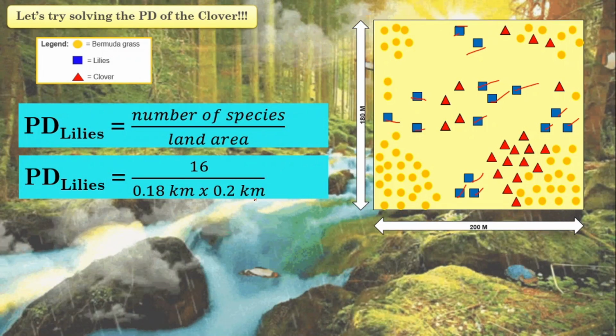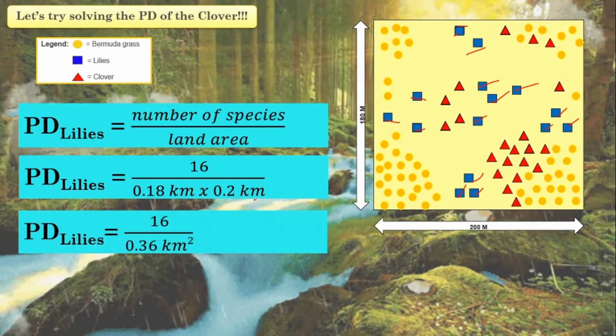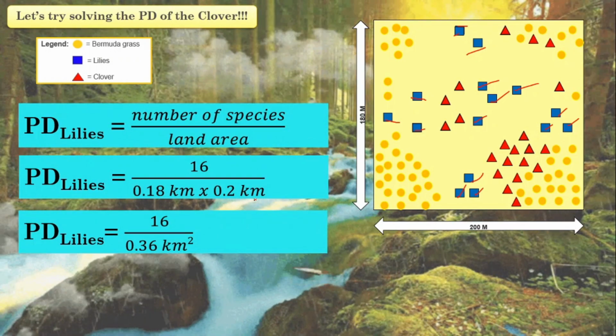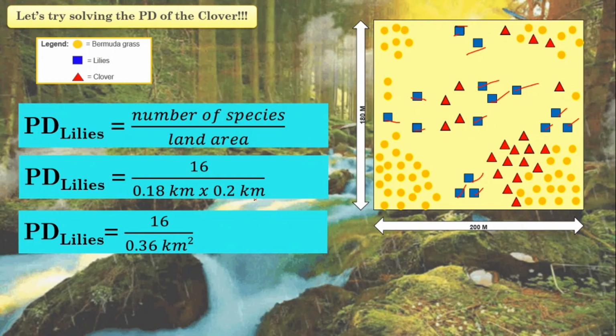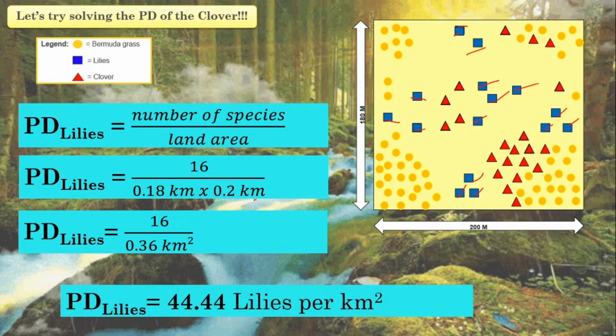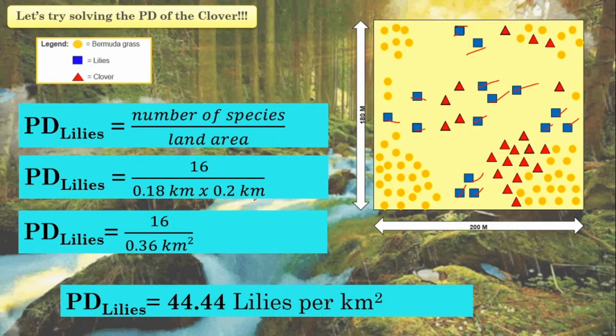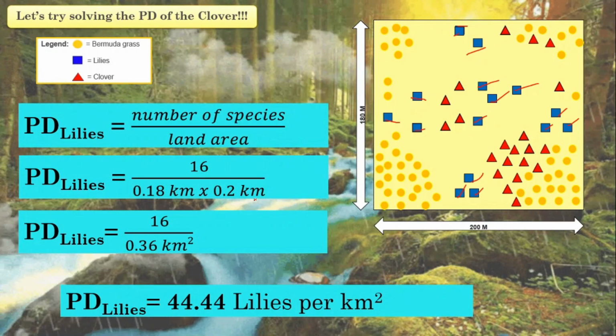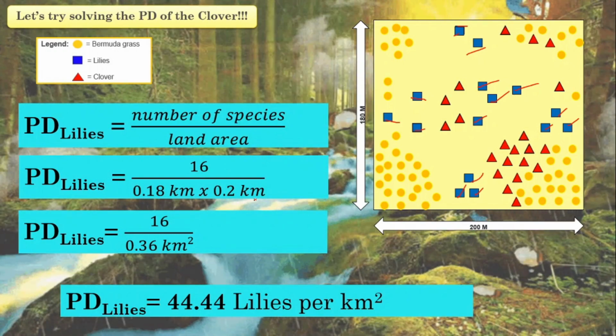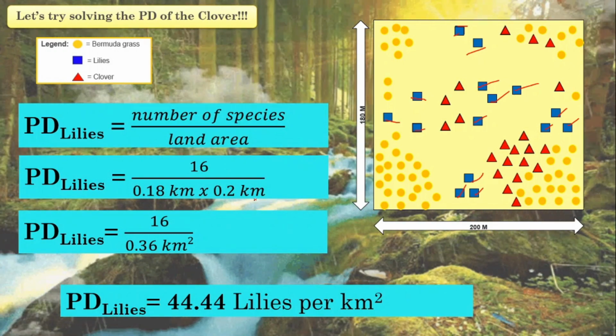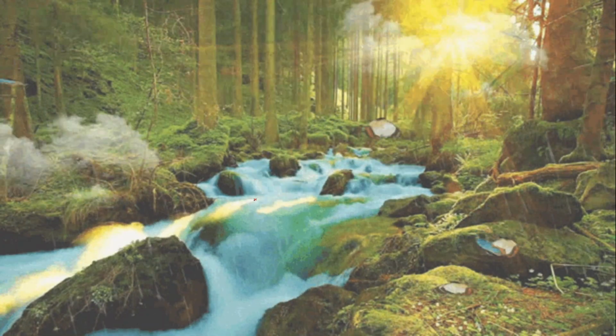Same land area, therefore it is 0.36 square kilometers. 16 divided by 0.36 square kilometers is equal to 44.44. Therefore, the population density of the lilies is 44.44 lilies per square kilometer.